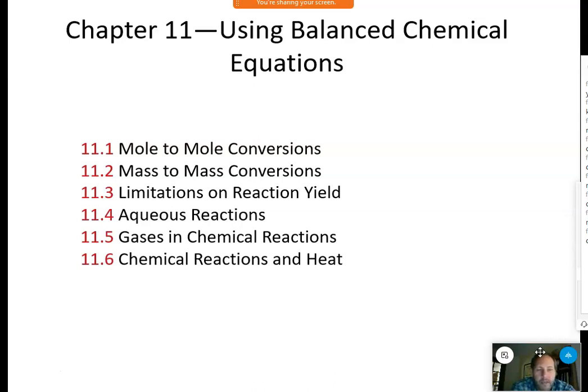Let's say you want to make a ton of it, or a lot of it. You don't just randomly add stuff all together and make it. You have to calculate how much of this compound and how much of that compound. How much of these compounds do I need in order to make a ton of this compound? I don't just randomly add stuff.